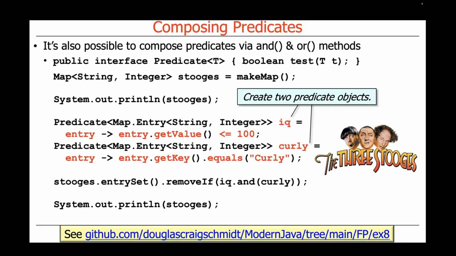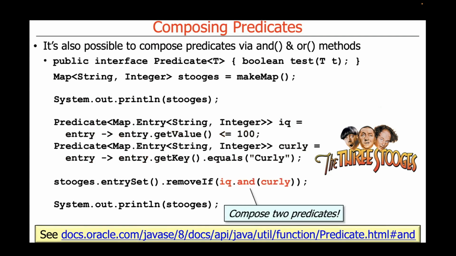And the second predicate is going to go ahead and check to see if the name of the stooge is Curly. And so what we're going to do is remove only if the IQ is less than or equal to 100 and the name is equal to Curly. So we're composing those two predicates together in order to do a more sophisticated style of removing. So that's what removeIf can do by composing the predicates.